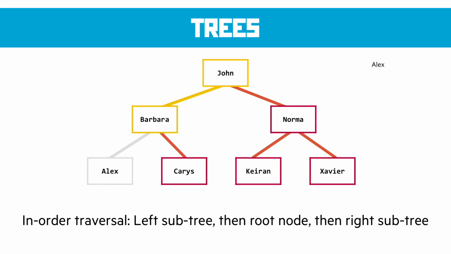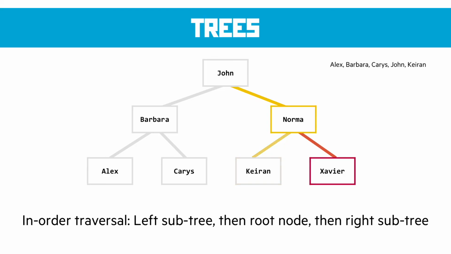Now we've exhausted the left hand side, so we go to the right hand side, and as we do that we write down the nodes that we pass. So we pass Barbara. We go in then, Caris, the left-hand side, once we've got John then is totally exhausted. We go to the right again and we go to the most terminal point of the left-hand connection, which is Kieran, then Norma as we traverse that, then Xavier, and our tree is done once again.